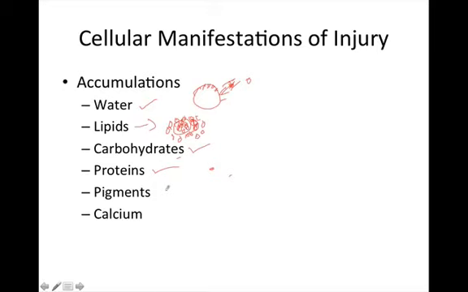All right, pigments. A lot of this you see related to the skin. For example, when you suntan and have excessive sun exposure to the skin, you're going to increase your melanin output, which causes your skin to darken.